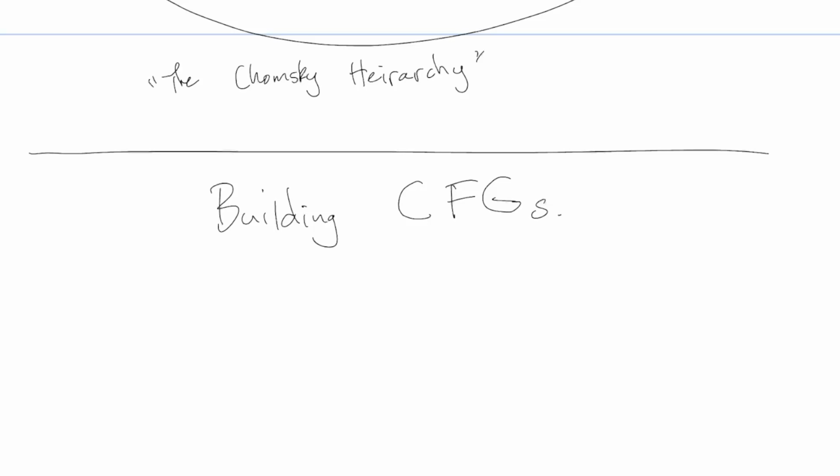Make a context-free grammar. Because the non-context-free ones are pretty wild. But building context-free grammars: I give a language, you make a context-free grammar for it. That's the idea here.